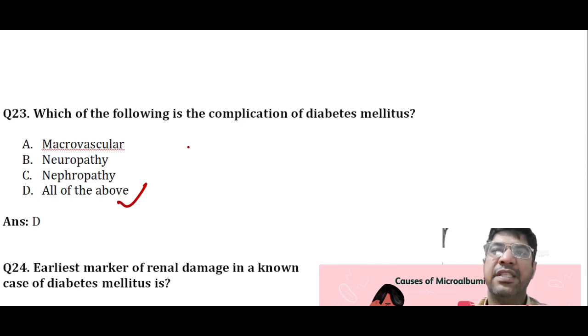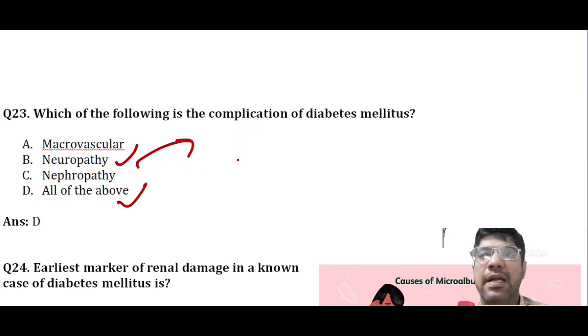These conditions increase the risk of heart attack, strokes, and circulation problems. Neuropathy refers to nerve damage. Diabetes can lead to various forms of neuropathy that can affect both the sensory and the motor nerves. It can cause symptoms like tingling, numbness, and weakness.